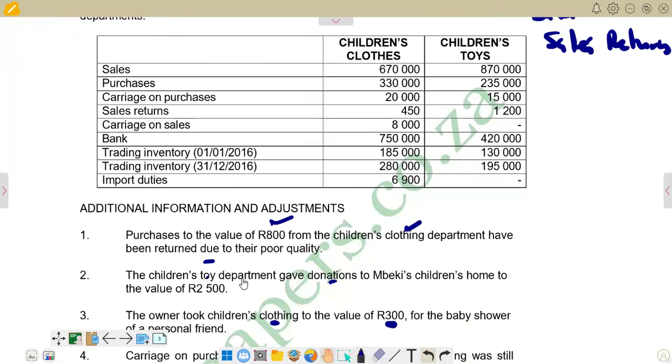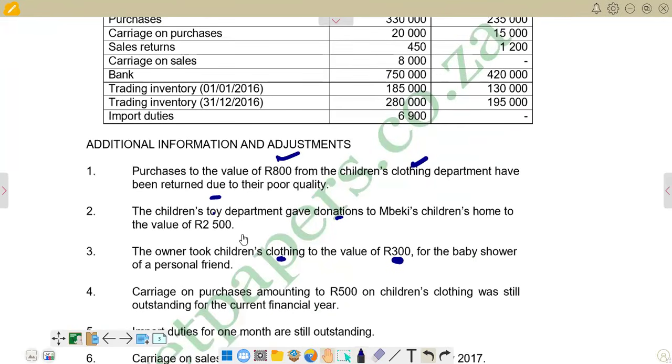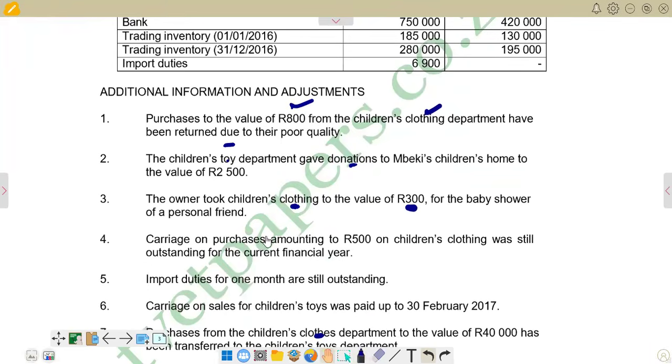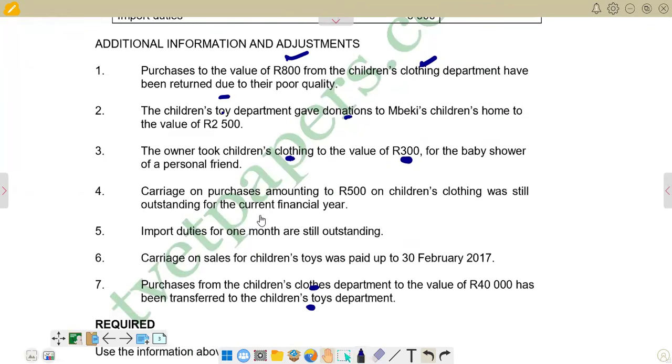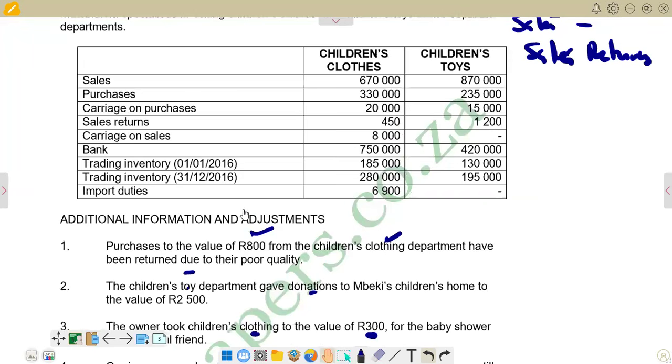If you go down, you go item by item, trying to check if you have got sales returns for clothing. You see that we are not having any. That is indicating that there were sales that were changed. So what we are going to do is say the sales that we have, a figure of sales which is 670,000.